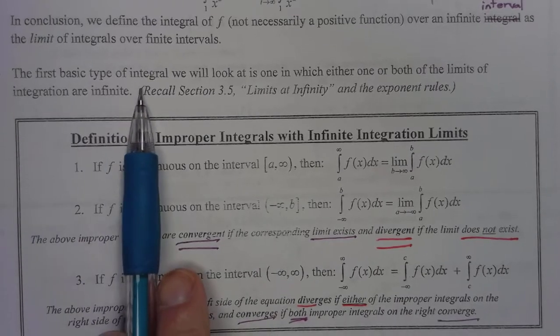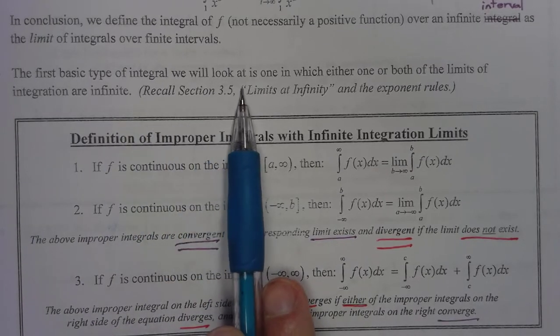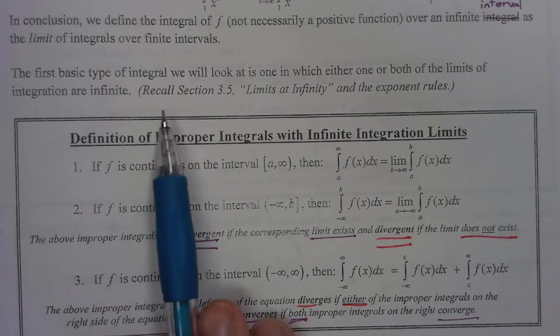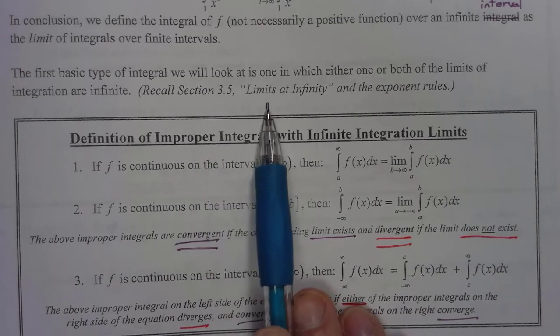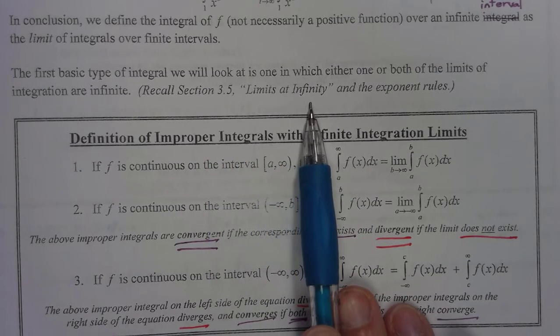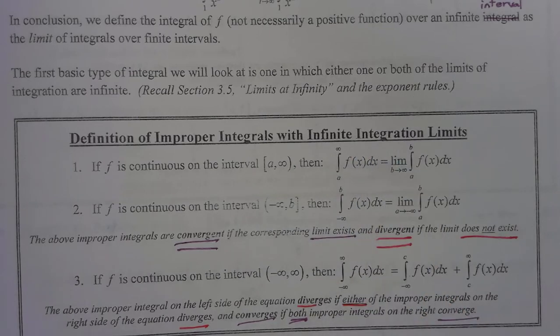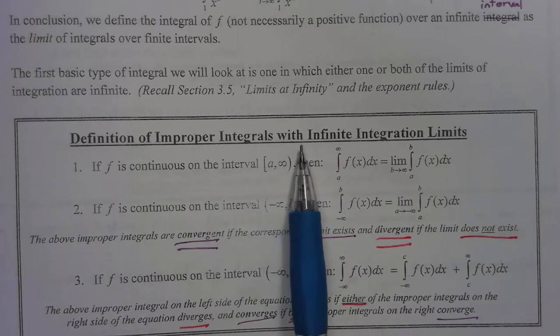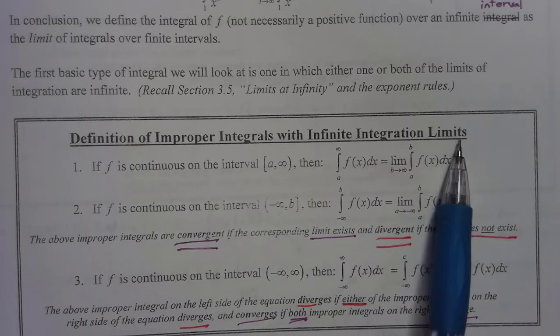The first basic type of integral we will look at is one in which either one or both of the limits of integration are infinite. Recall that in section 3.5, limits at infinity, we looked at what happens as x goes towards infinity and we had our exponent rules. We've looked at that before. The definition of improper integrals with infinite integration limits.